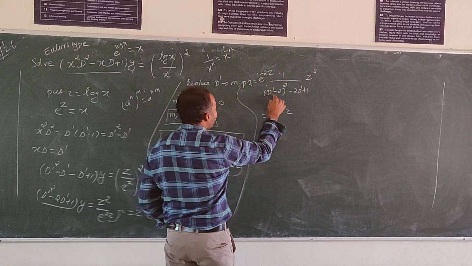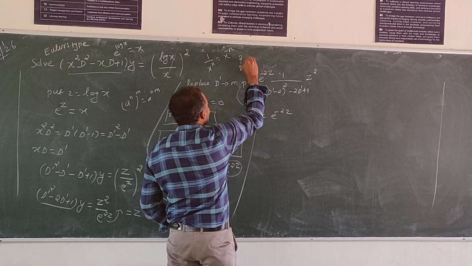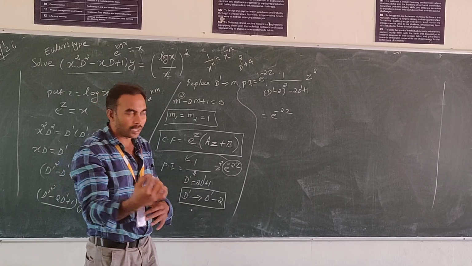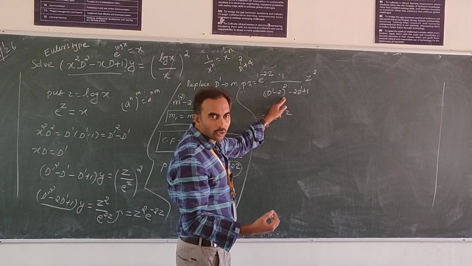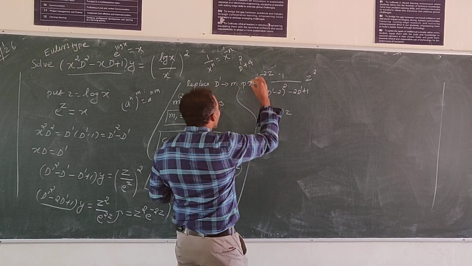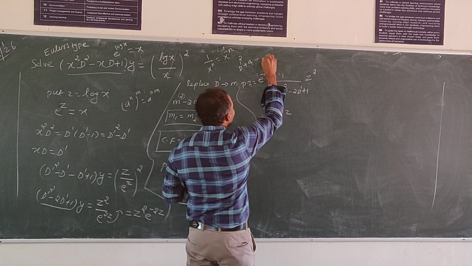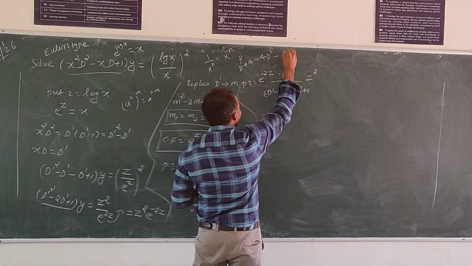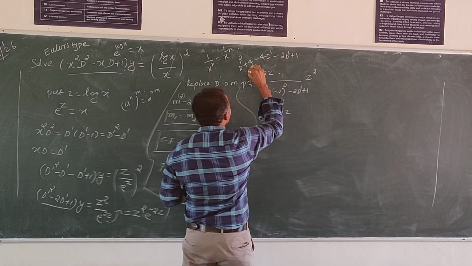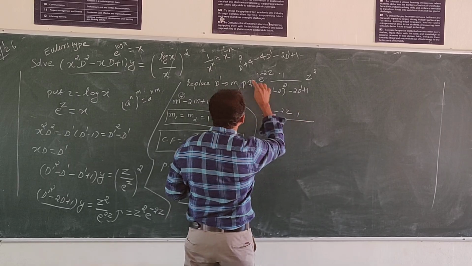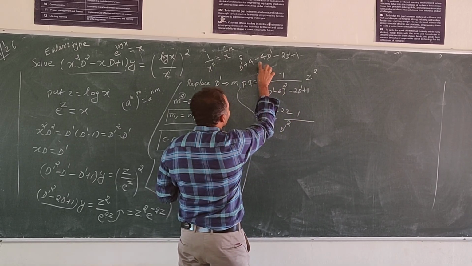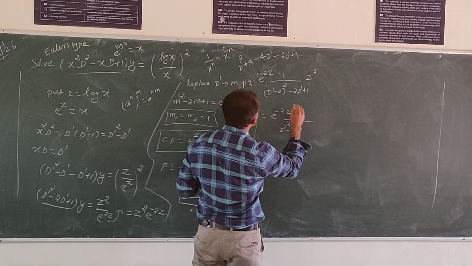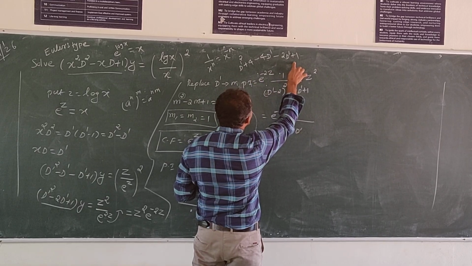Just work out here the (a − b)² formula: a² + b² − 2ab. Here a = D', b = 2. So D'² + 4 − 4D', then −2D' + 4 + 1. So 1/(D'² − 4D' − 2D' + 4 + 4 + 1), that is D'² − 6D' + 9.